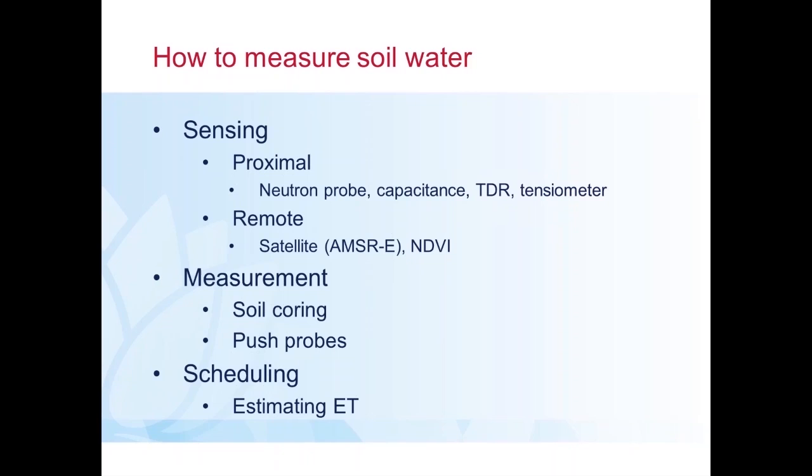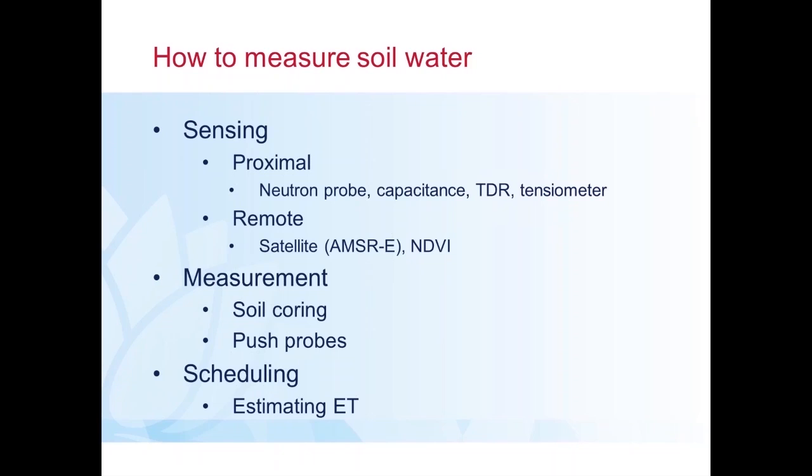And then you have the other types, which are called in situ ones, so you actually install them at a particular site, and you can either log them or poll them whenever you're interested in knowing what the soil water is. And they're capacitance probes, which work on the dielectric properties of soil, so it infers volumetric soil water from some of the soil properties.